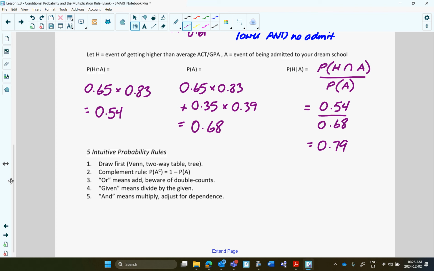So really, this is just about getting exposed to a lot of different problems and figuring out what to do from there. There's one more lesson in this unit about probability rules, and then we branch off into a separate probability discussion.